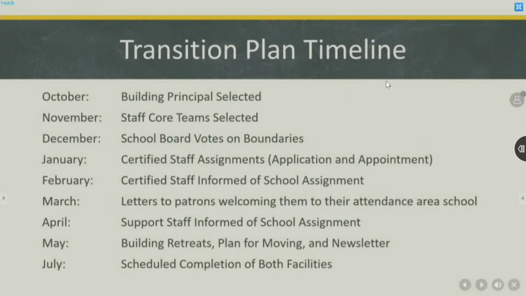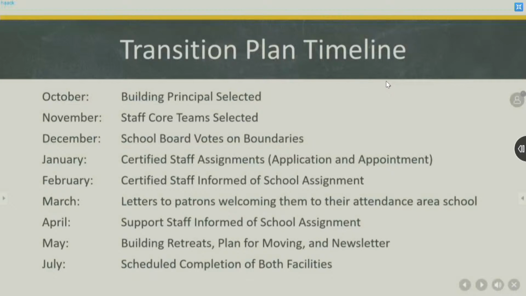This is somewhat the timeline that we're using. We have named the principals. If you haven't heard, Mr. Hoppus will be going to the south, and we do have a principal, and those will be announced for the north in the next month or 2. All right? We have selected 4 teams.